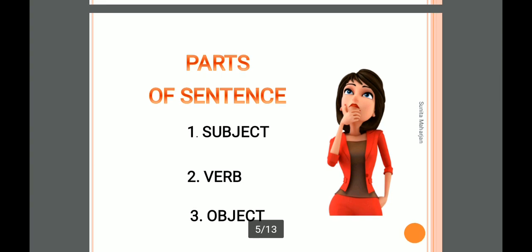Now we are in the parts of sentence. We have 3 main parts of the sentence: subject, verb and object. Basically, we use these parts while making a sentence. So we can say sentence has got 3 parts. They are subject, verb and object.